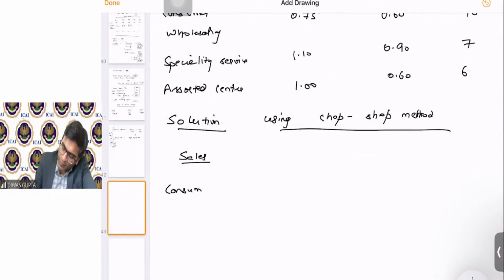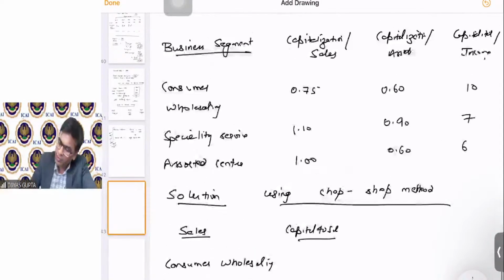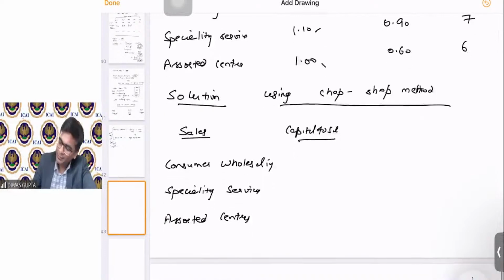We have consumer wholesaling, then specialty services, then assorted centers, right? So capitalization to sales ratio was how much? That was given: 0.75, 1.10, and 1, right?